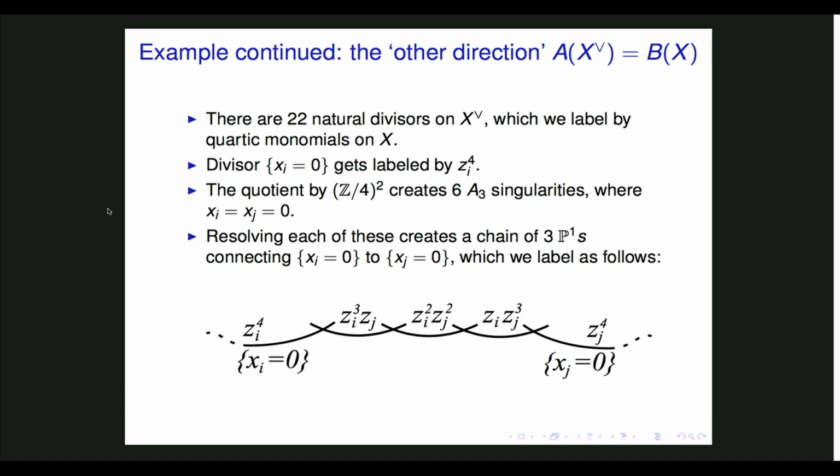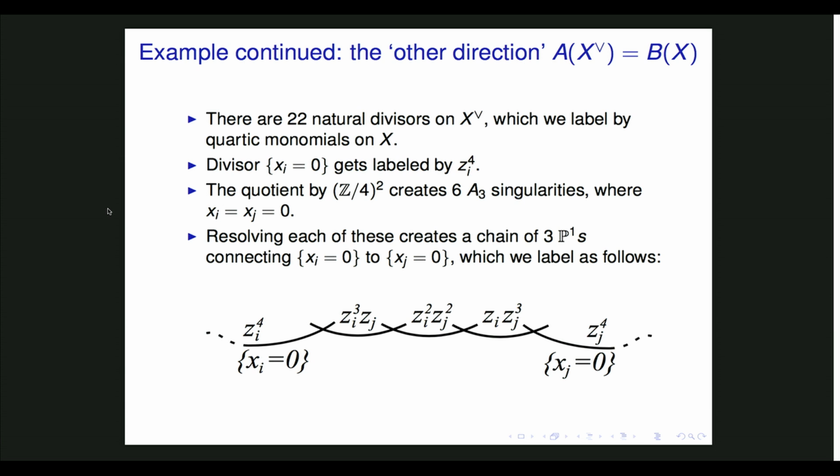So now we have a 22-dimensional set of divisors. They turn out to map to a 19-dimensional space of Kähler forms. And similarly, we've got 22 different quartic monomials that go into the defining equation of our quartic hypersurface. And up to isomorphism, they give you a 19-dimensional family of complex varieties.